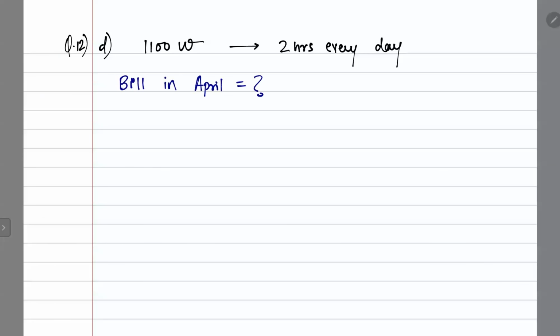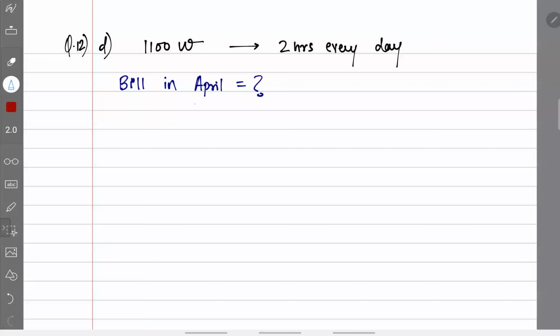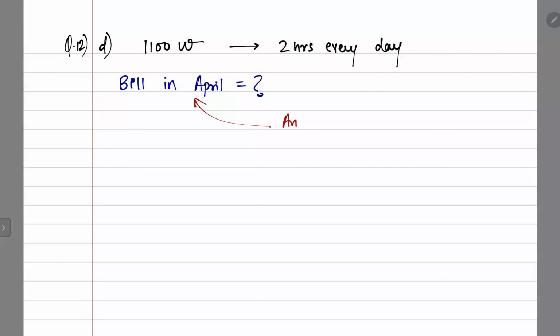What will be the bill in April? Now I will tell you that the bill in April will depend on the amount of energy consumption.